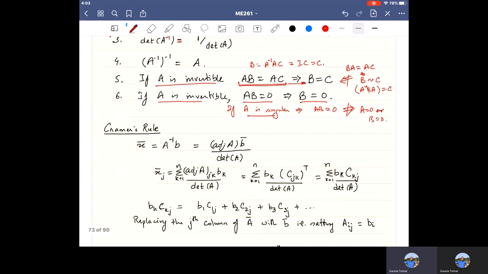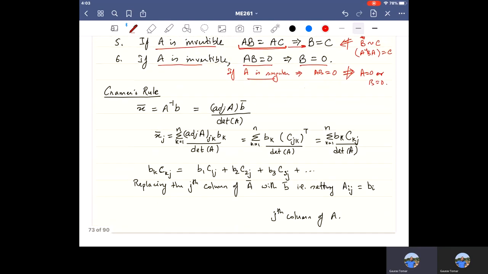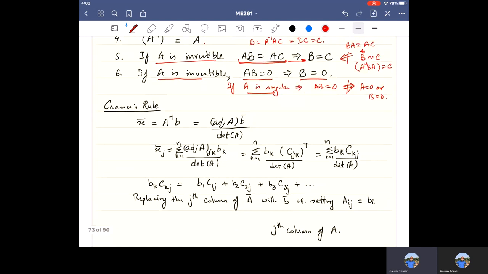Now we'll move to Cramer's law. I'm sure all of you must have seen this, done this in 10th standard or 12th standard, and this is one of the ways that we were shown to find solutions to small matrix systems like 3 cross 3 or 4 cross 4, and that's how we used to solve them.